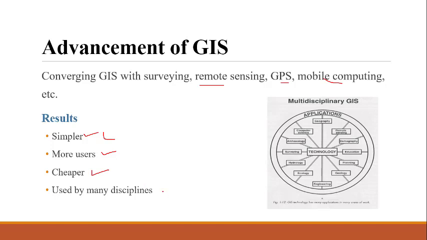However, it can be cheaper and used by many disciplines. A lot of disciplines can use it. Here we can see surveying, hydrology, ecology, engineering, geology, planning, education, demography, remote sensing, geography, computer sciences, archaeology. So these can utilize GIS for their own purposes, like hydrology, ecology, etc.